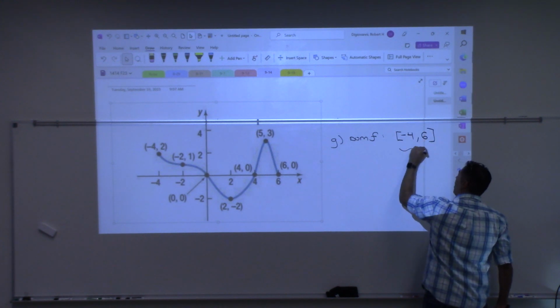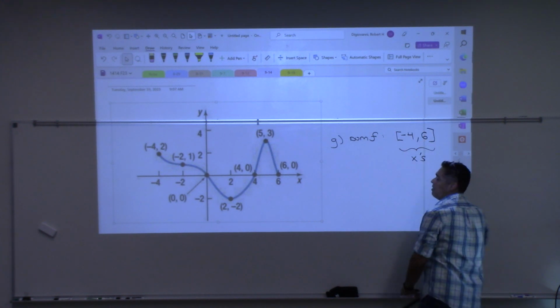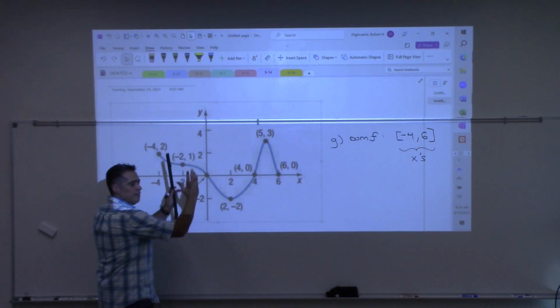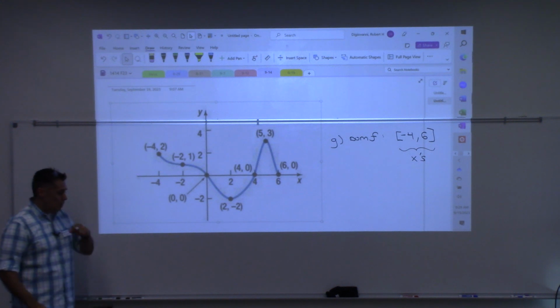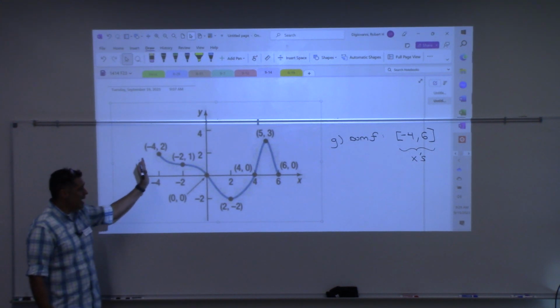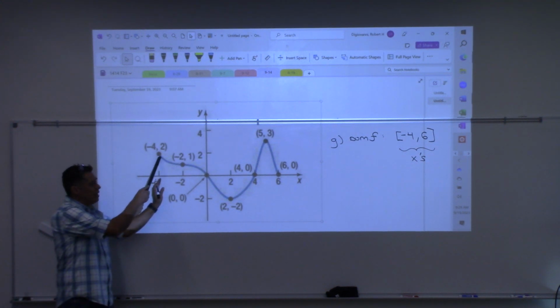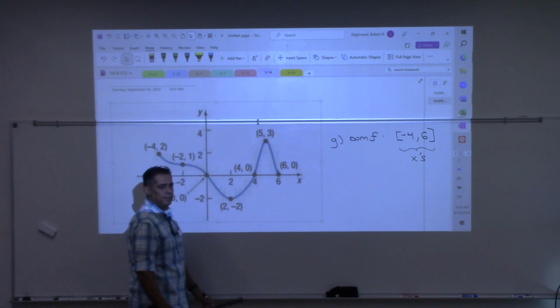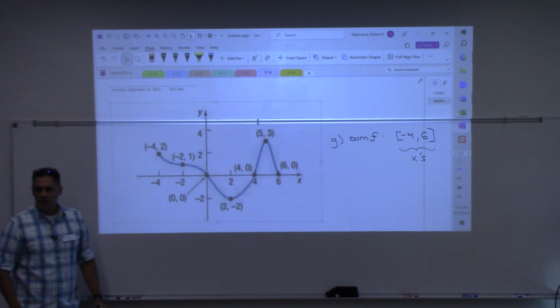And remember, these are x's. When you're talking about domain, you're talking about the things that go into the function, the x's. I put brackets because at -4, the function is defined. You have a point. I put a bracket at 6 because at 6, you plug in, you get 0. Questions there?